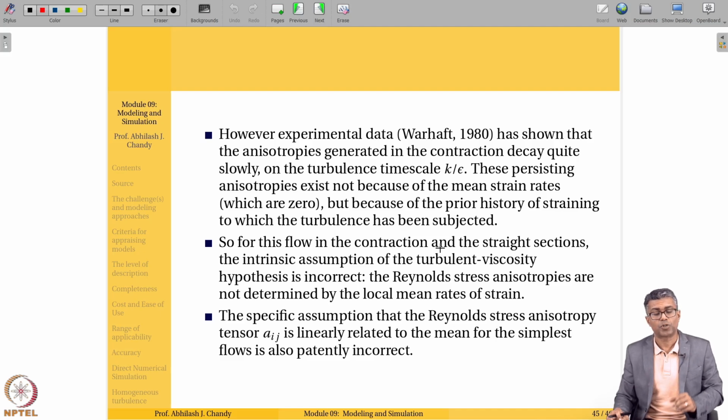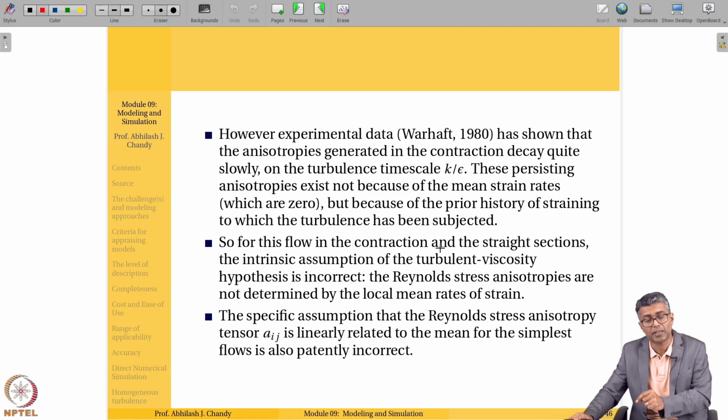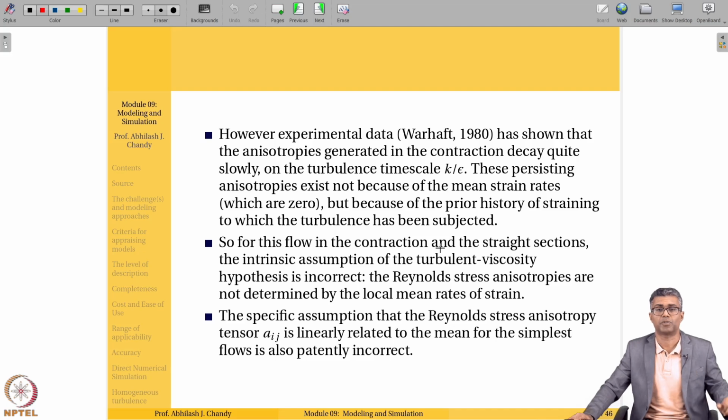So these persisting anisotropies exist not because of the mean strain rate, but because of the prior history of straining to which the turbulence has been subjected. So for this flow, in the contraction and in the straight section, the intrinsic assumption becomes incorrect.